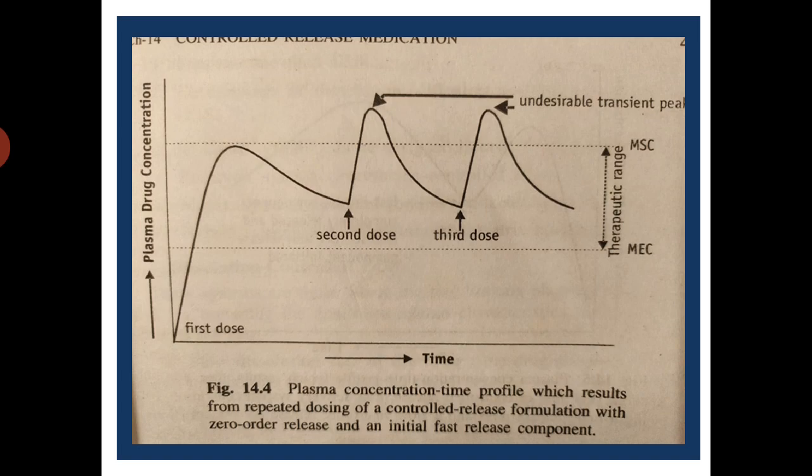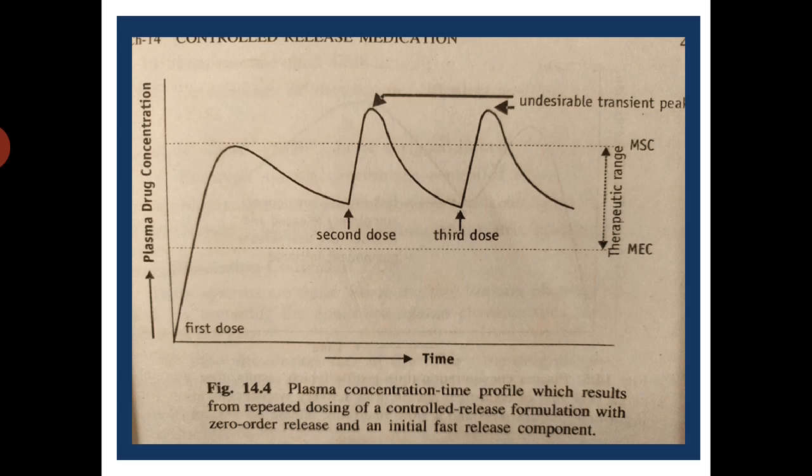Before administering a CR tablet, the patient takes an immediate release conventional tablet. This tablet will give a burst release of the drug. It will give a better plasma drug concentration in our body. Then the patient takes the CR tablet.